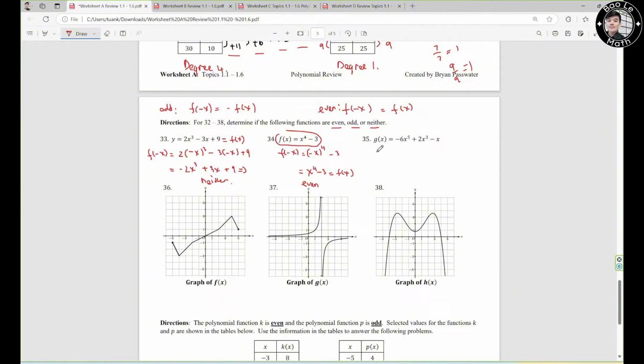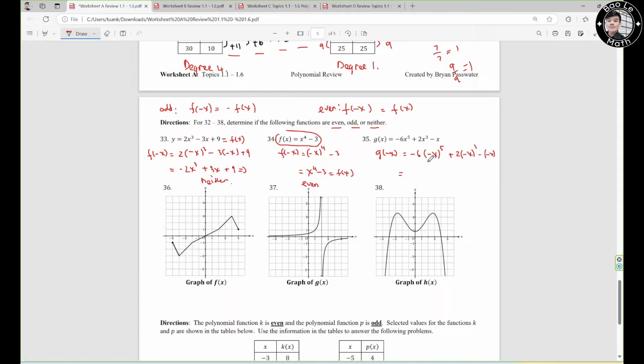Now the last one right here, we have g of negative s. It's going to be negative 6 times negative s, all together raised to the power 5, plus 2 times negative s cubed minus negative s right here, right?